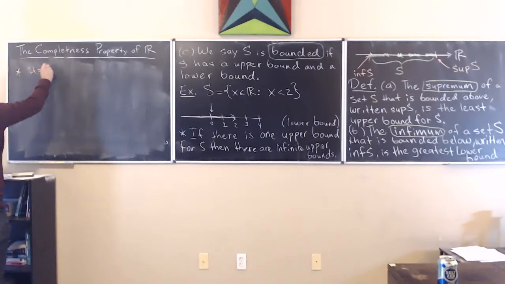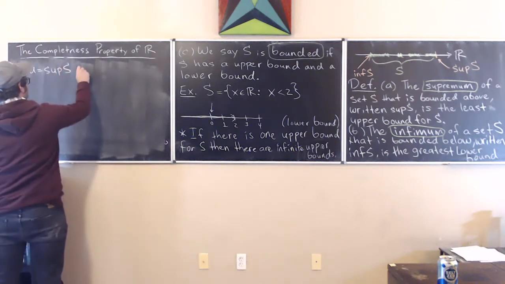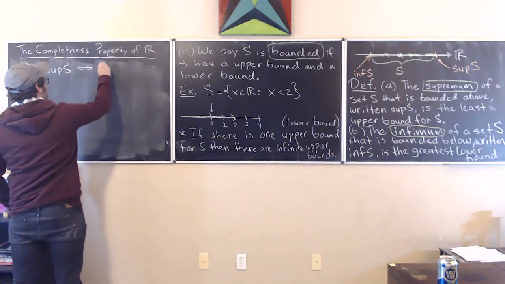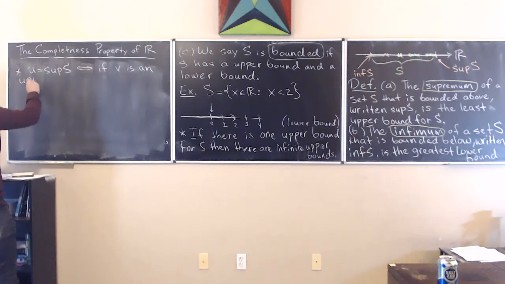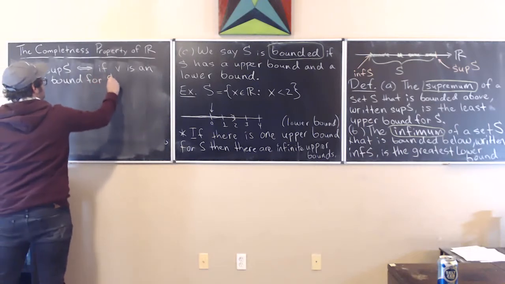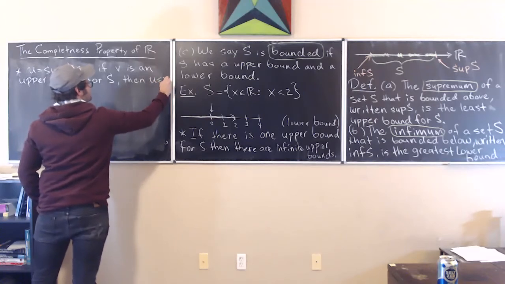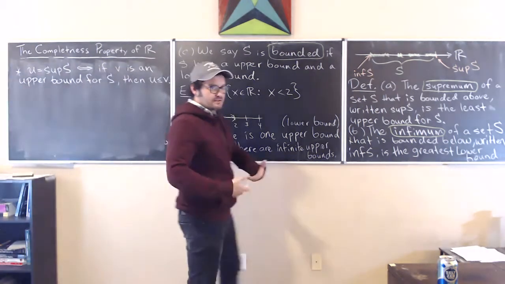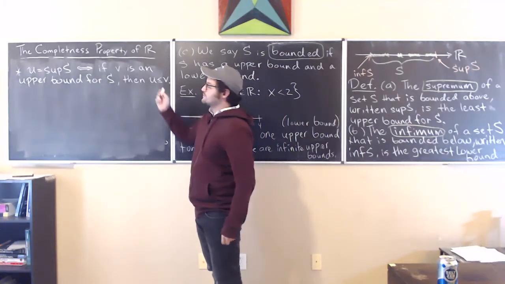I'll say U is equal to sup S. It's equivalent to saying, if and only if V is an upper bound for S, then U is less than or equal to V. So saying something is the supremum of a set is saying that if you pick any other upper bound of that set, then that upper bound is greater than or equal to the supremum.